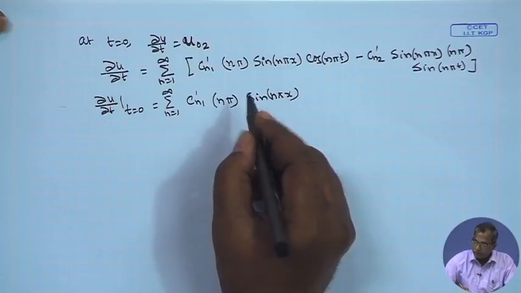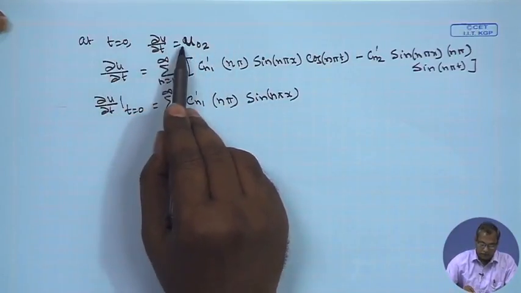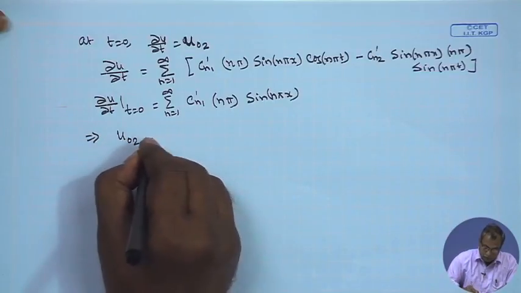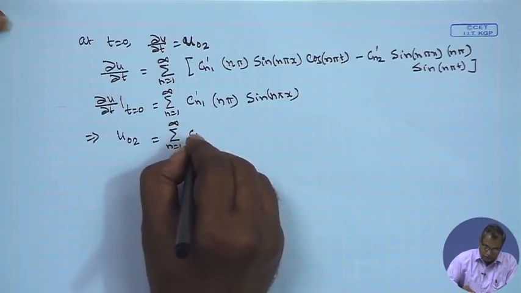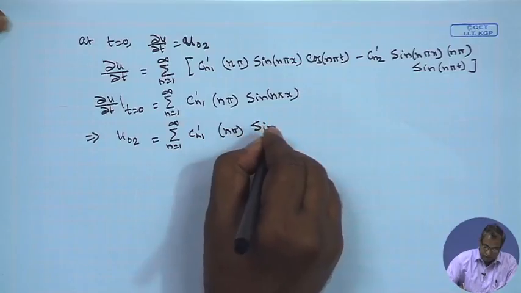Okay. So, if you remember the original boundary initial condition at t is equal to 0, del u del t was u 0 2. So, we write u 0 2 is equal to summation n is equal to 1 to infinity C n 1 prime n pi sin n pi x.